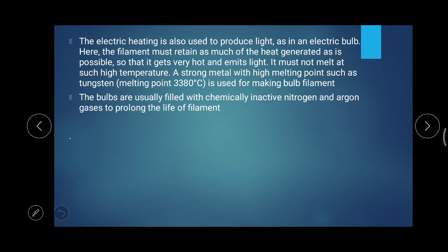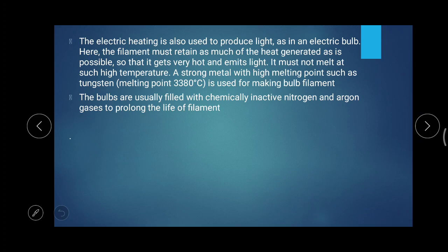The inner portion of the bulb is filled with these gases, which will help to prolong the life of the filament. There will not be any chemical reactions inside the electric bulb. That's why we are using the inactive gases.